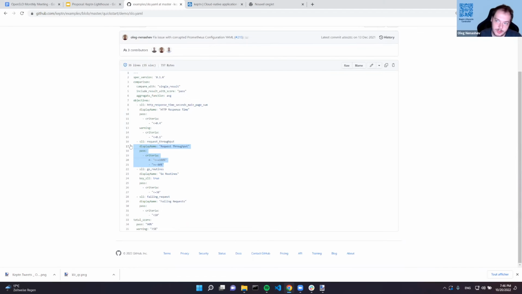We could say we would like the same format for baseline comparisons, but we would like to do both at the same time. So it would require some duplication for the metrics or criteria, or maybe another syntax that would allow us to say that for this particular SLI, we would like to do a comparison against the baseline.